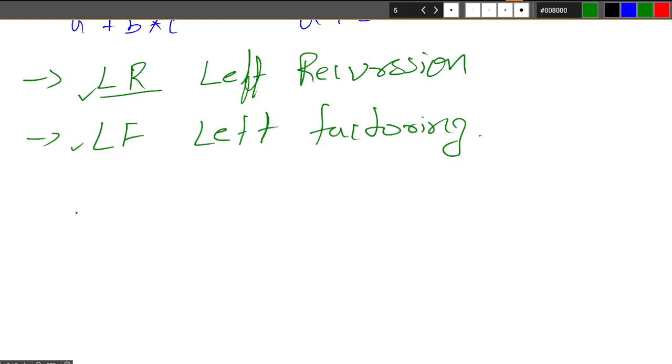So since compilers need grammars which are free from ambiguity, we try to remove the left factoring and left recursion before applying it to the compiler. I am not talking about left factoring and left recursion here. If you want, we can talk about it. You will have to tell me.